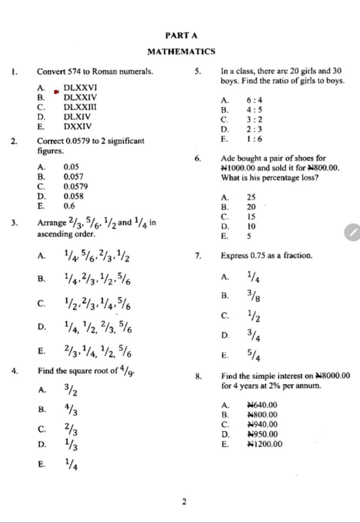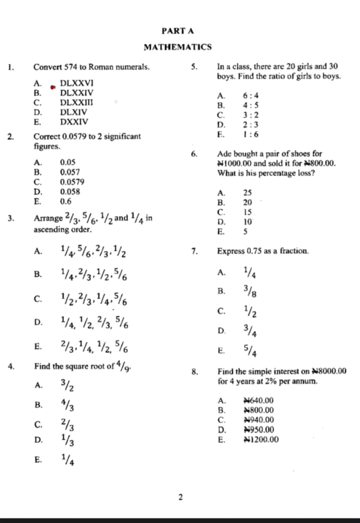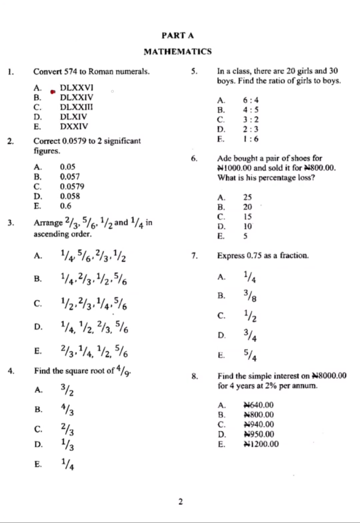Okay, so now the first one, which is DLXXVI, is not correct because to solve this, we need to first start with writing the individual Roman numerals. So my D is 500.